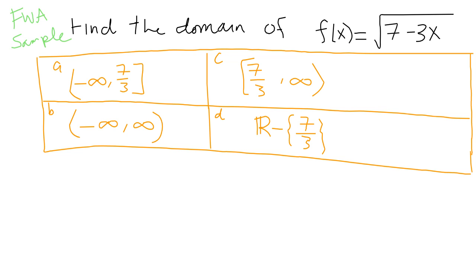As I said, if you have 1 over a quantity, you have to start with solving this equals to 0, and make sure to pick the values for which the denominator is not equal to 0. This is the domain.